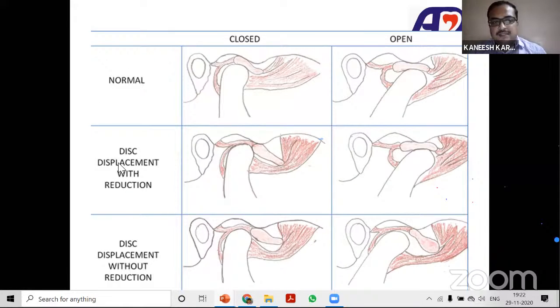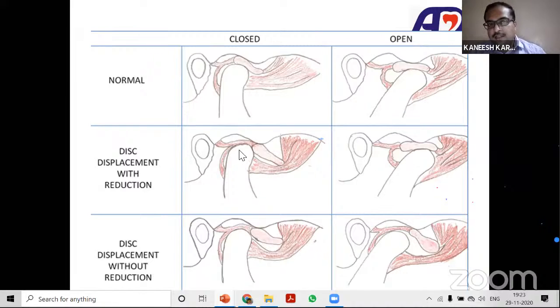But what happens in disc displacement with reduction is the articular disc is displaced. It is not in the regular position. See, this is the normal position. Here it is displaced. But with reduction, it can reduce to the normal position to a slight extent.